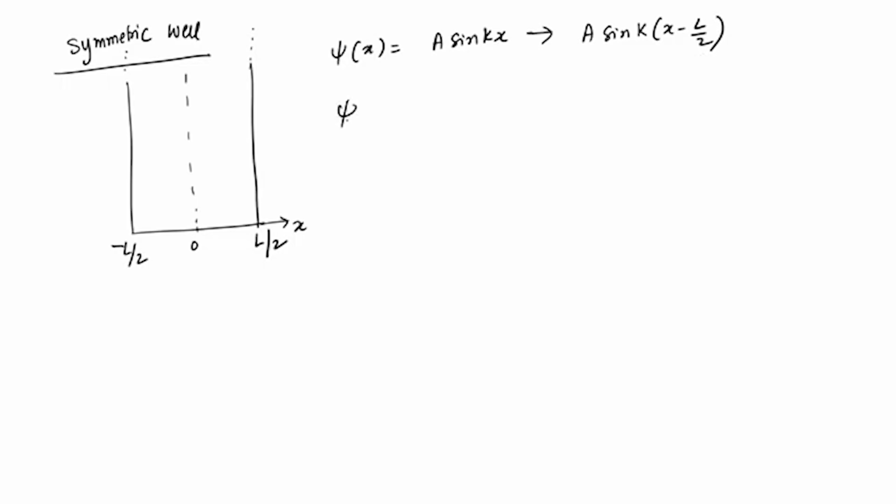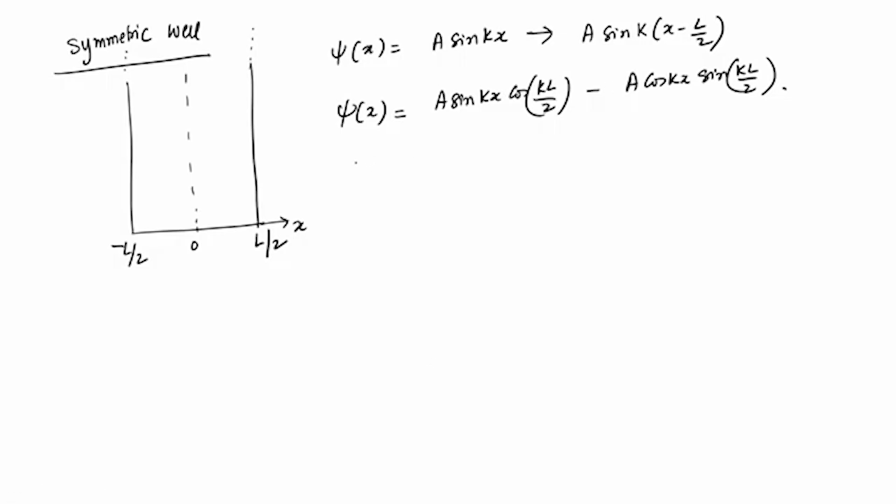So, what we can do is expand this sine of c minus d kind of thing, and we get a sine k x cos k L by 2 minus a cos k x sine k L by 2. Okay. That is what you get when you use this expansion of the sines.